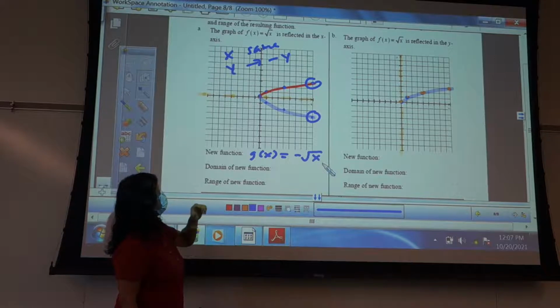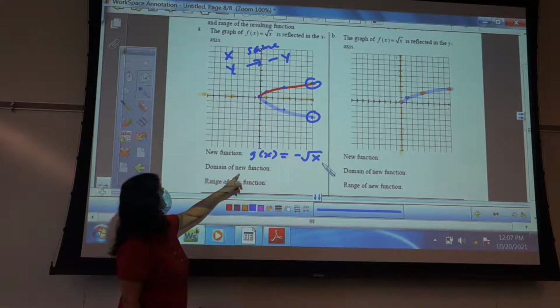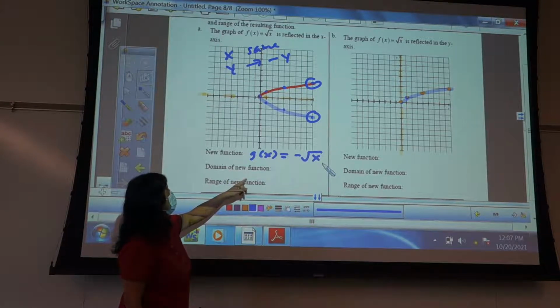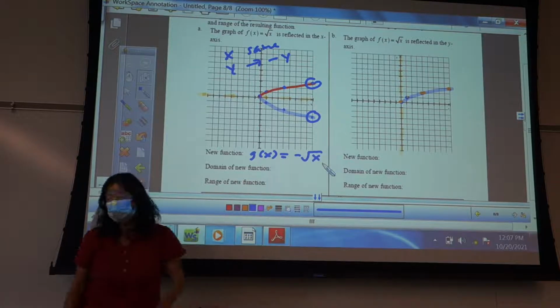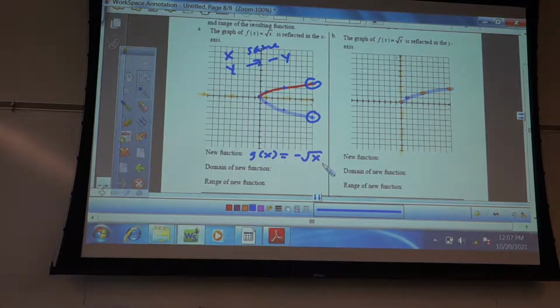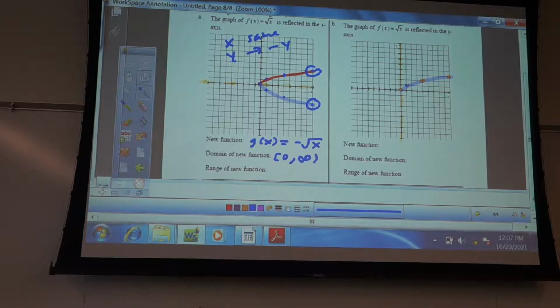What's my domain? It starts off at 0 on the left. What's on the right? Infinity, good.